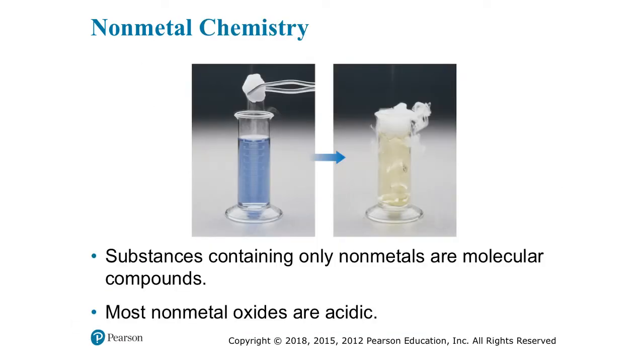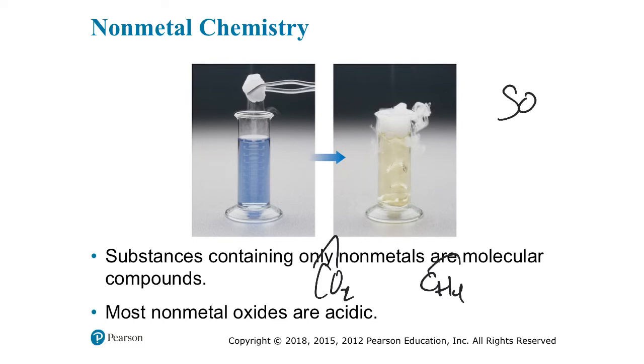Substances containing only nonmetals are molecular compounds, so things like CO2, CH4. There are obviously a ton of examples of molecular compounds, but these are always the combination of nonmetallic elements. Whenever we have the oxide of a nonmetal element, it tends to be acidic.